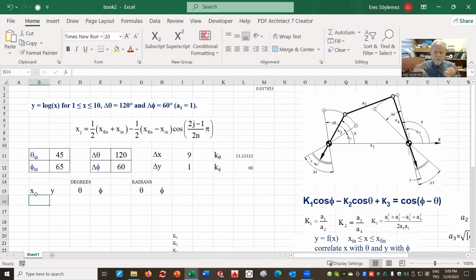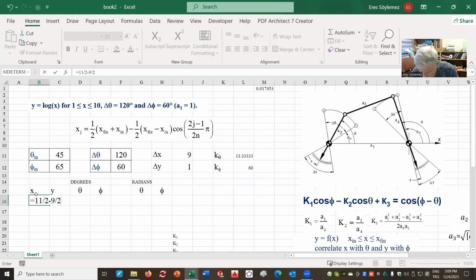X will be, for j equals 1, equal to (10 plus 1) over 2, which is 11 over 2, minus (10 minus 1) over 2, 9 over 2, times cosine of (2 times 1 minus 1, which is 1) divided by (2 times 3, since I'm using 3 precision points, 6). So it is equal to pi over 6.